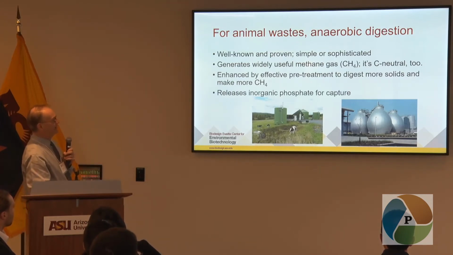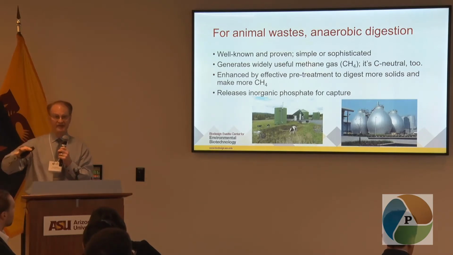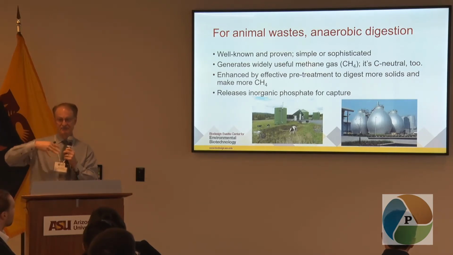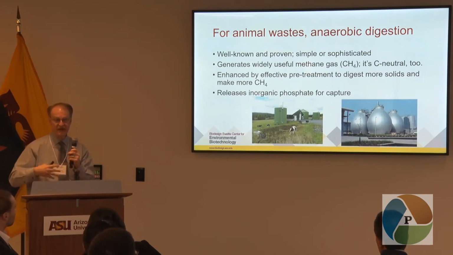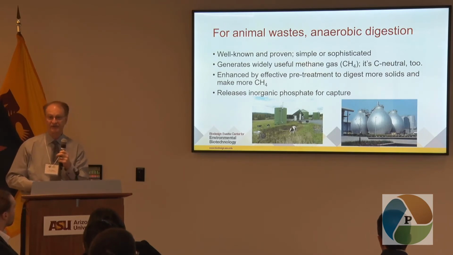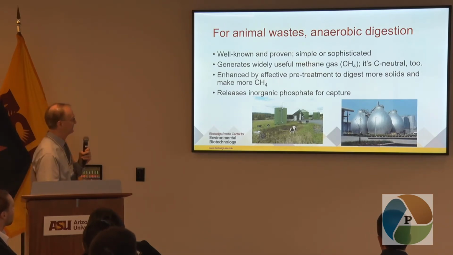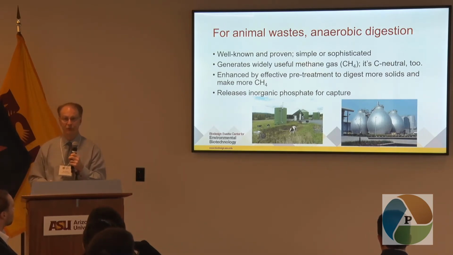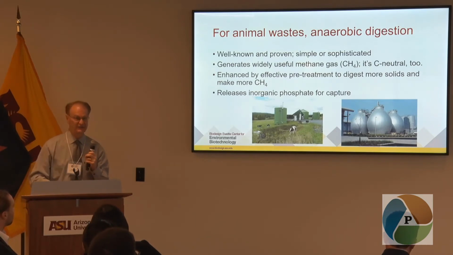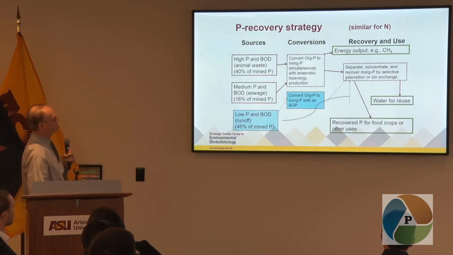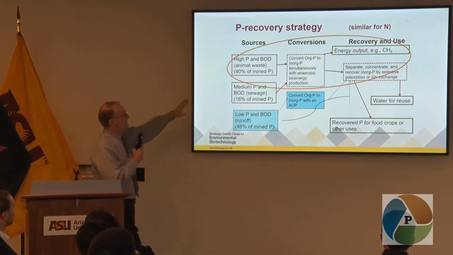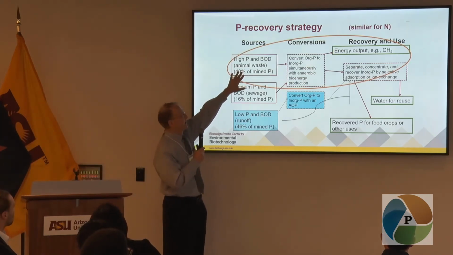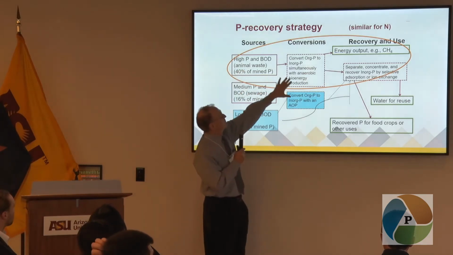Now, the key thing about anaerobic digestion is that it's mainly set up to make the methane to capture the energy, but when you break down the organic materials to get the energy out, you also release most of the phosphorus as phosphate. So we're putting the phosphate in a form that can be captured. So here's a picture showing this, and if you look at these high P, high BOD organic wastes up here, we do a conversion.